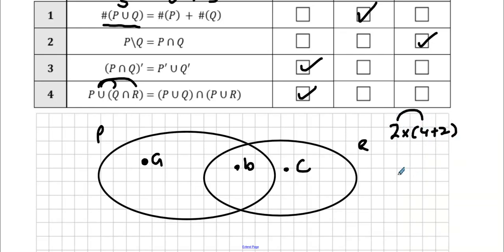You can distribute the multiplication over the addition. So this is basically the same thing. You're multiplying in the union. Imagine the union is multiplication and the intersection is plus. So essentially we're doing the same thing here. So I know that's always true.